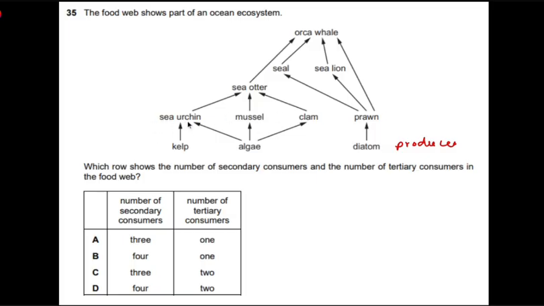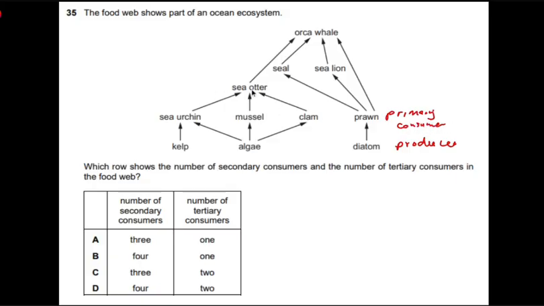We have the sea urchin, the mussel, the clam, and also the other one. These are called the primary consumers. The primary consumers get food from the producers.